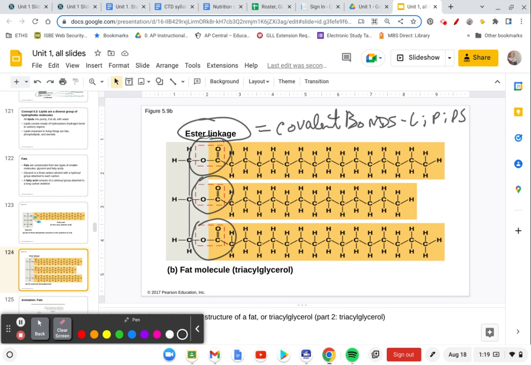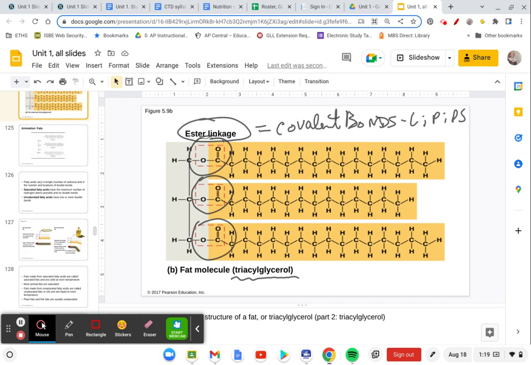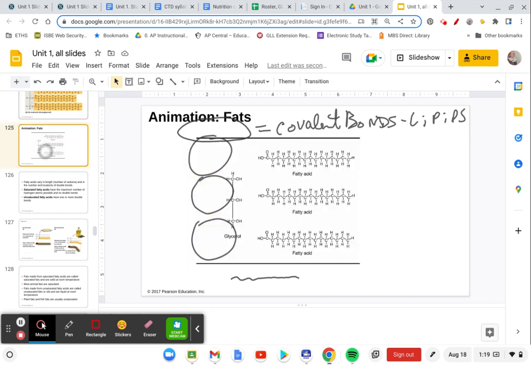Fat molecules are also called triglycerols. So when you talk about numbers on triglycerides, that's actually what you're talking about. You're talking about how many fat molecules you have in your body, or in your bloodstream, I should say, because that's what they're measuring: bloodstream triglycerol levels.